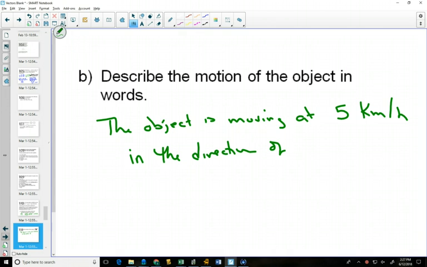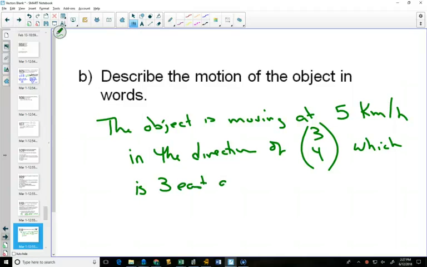Or, you know, you could put the direction vector. So the direction that's 3 east and 4 north, you could figure out an angle for that, but that describes the motion of this vector at that point.